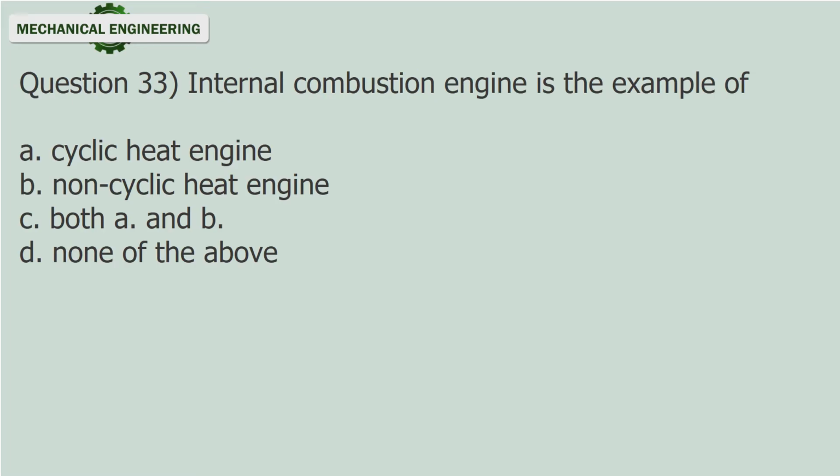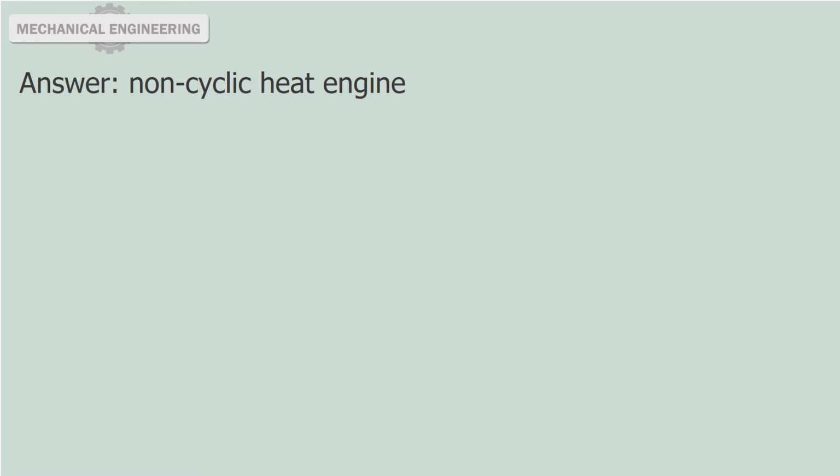Question 33. Internal combustion engine is the example of A. cyclic heat engine. B. Non-cyclic heat engine. C. Both A and B. D. None of the above. Answer: non-cyclic heat engine.